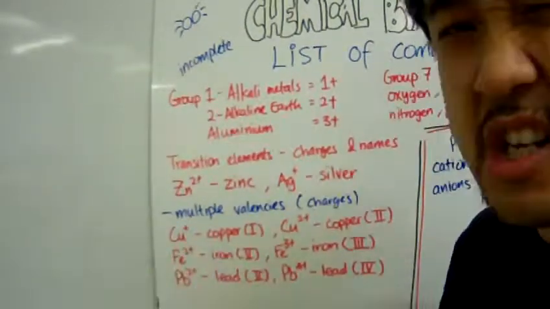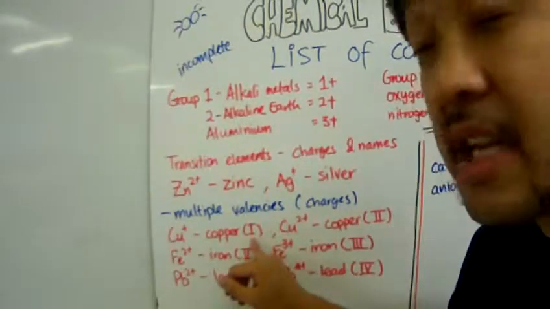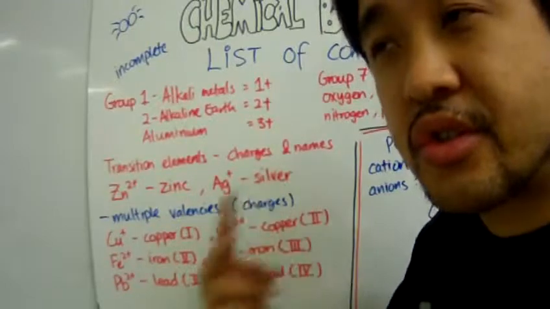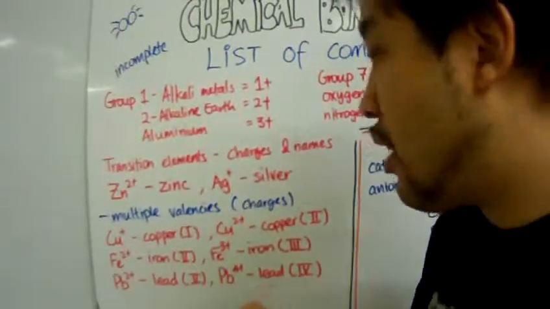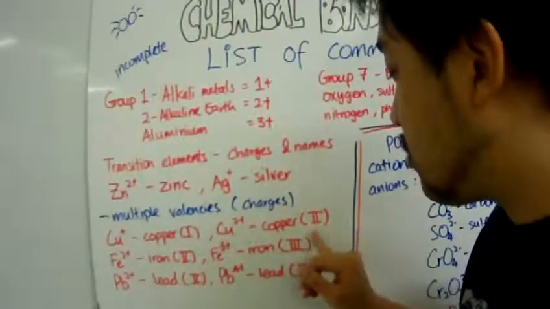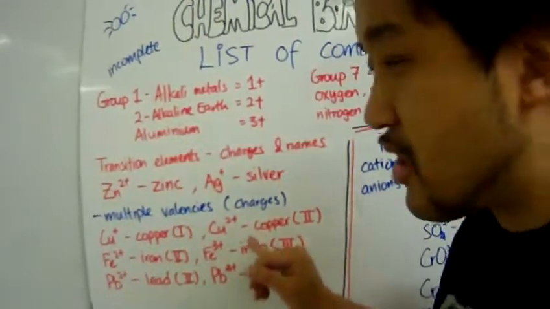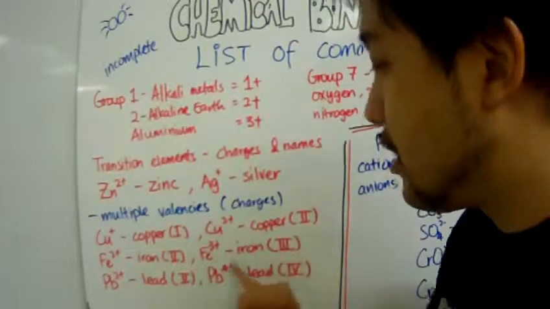So the charge here is 1. Copper 2+ has an oxidation state of 2, and so you write this name as copper Roman numeral 2.